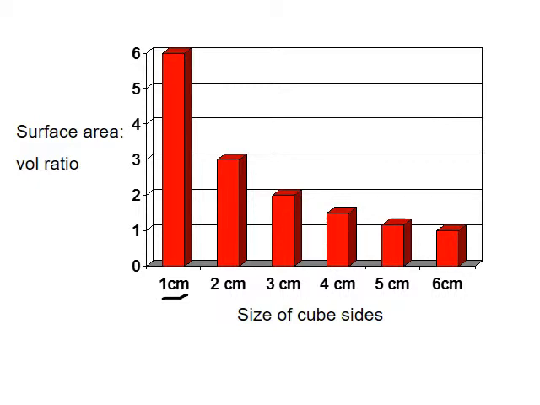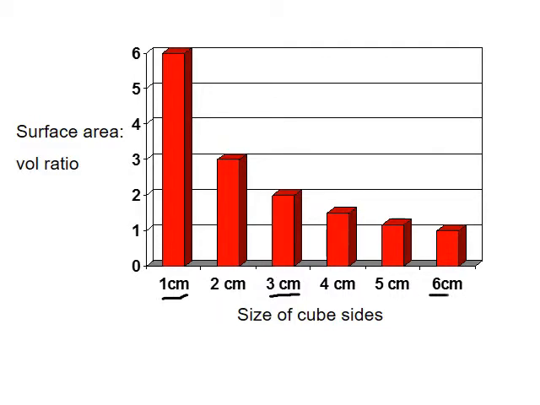Then if I go to a bigger cube, say 3 centimetres, my surface area will be 3 by 3, 6 of those, so 3 by 3 is 9, 6 of those is 54. And then if I do 3 times 3 times 3, the volume is 27. So 54 divided by 27 gives me a surface area to volume ratio of 2 to 1.